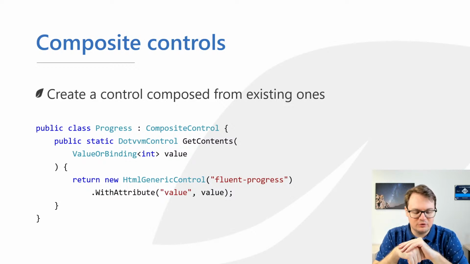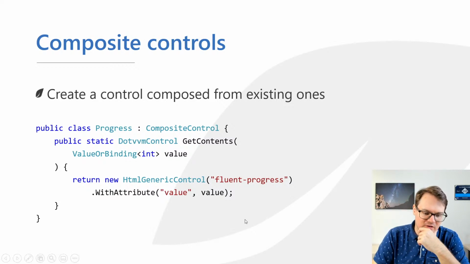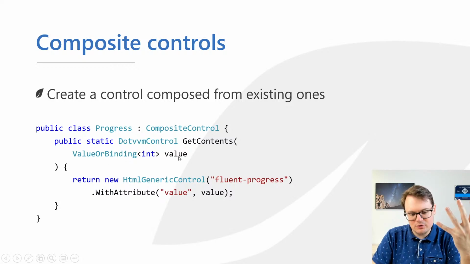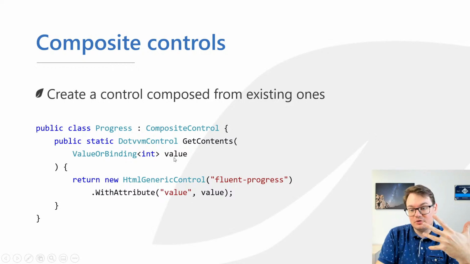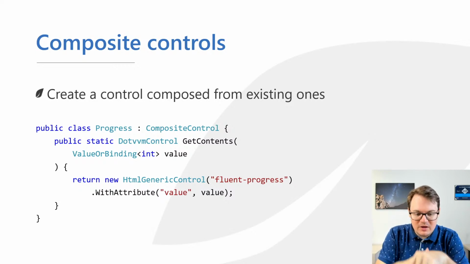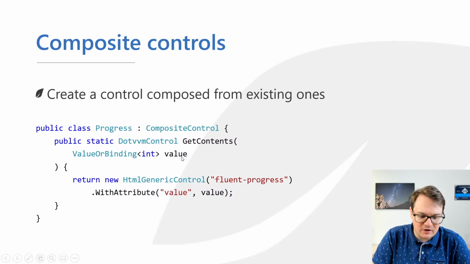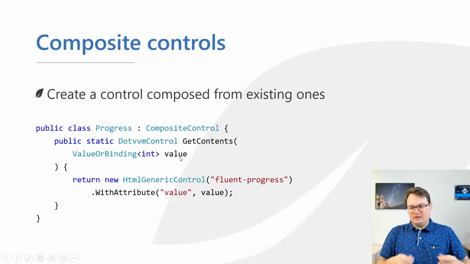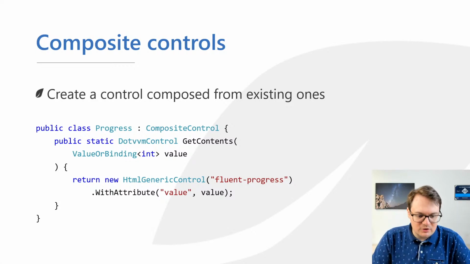So you will be able to just specify five attributes, and these will be converted to DotVVM properties, so you can just use them. And that's where we are also using the new type value or binding. So if the value is bindable, but it can be also provided at compile time, you can use this new type. You can specify default values and other things, and it should just work.